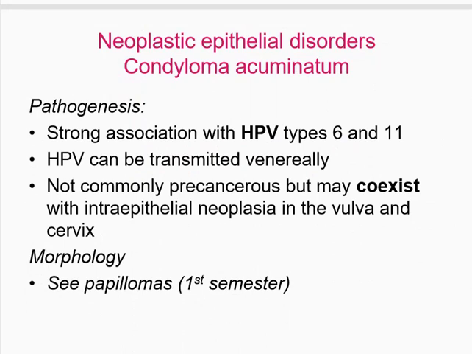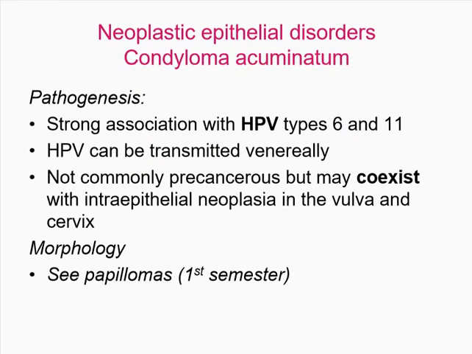As concerns the neoplasms of the vulva, we have a benign lesion, a wart of the vulva, which is the condyloma acuminatum, or condylomata acuminata in plural. These are very strongly associated with HPV types 6 and 11 infection.